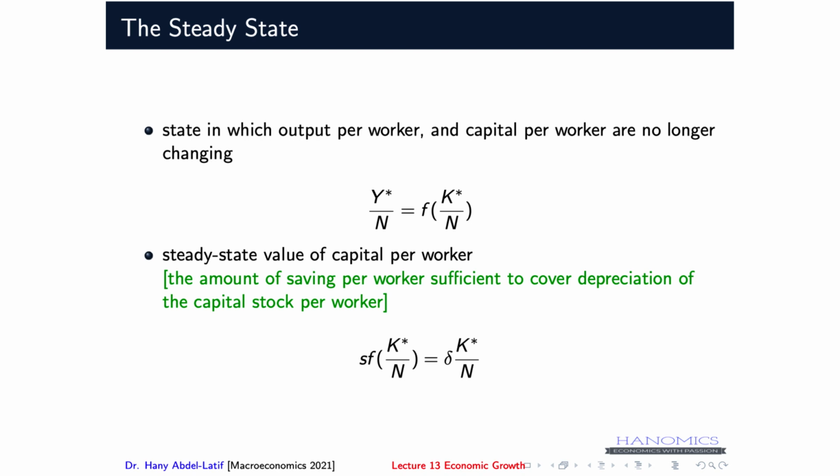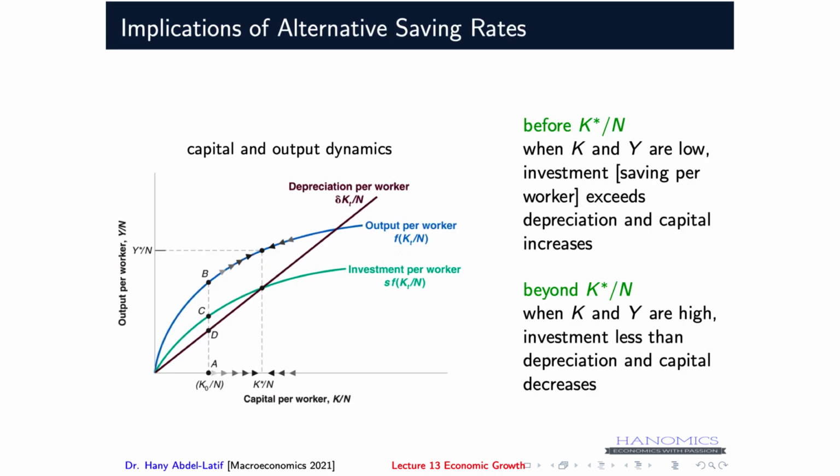The steady state in any economy is a state in which output per worker and capital per worker are no longer changing. So you have Y star over N as a function of that steady state capital, K star, which we denoted on this graph as K star over N. Any point before it, investment is higher than depreciation.